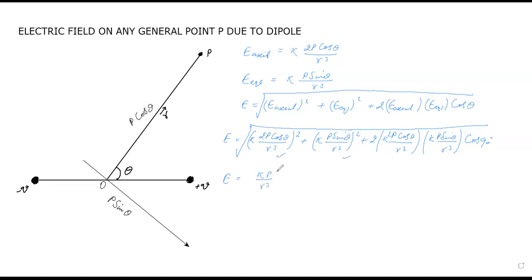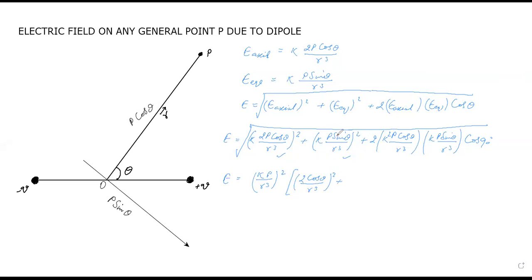In bracket we have, sorry, not p cos theta, it is 2 cos theta over r cube, right?